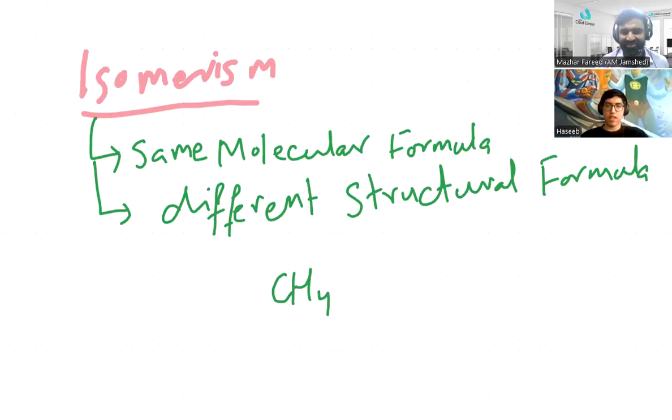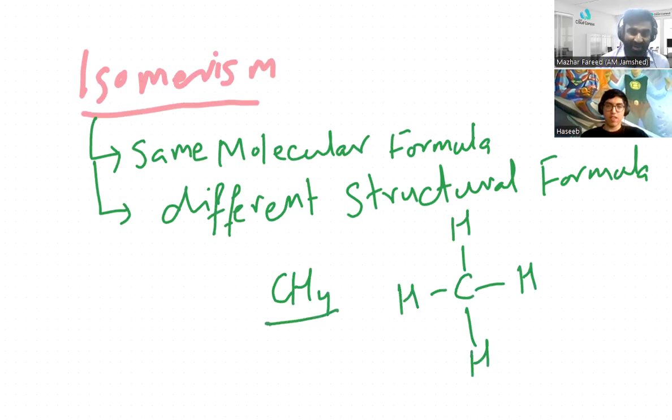Carbon can form 4 bonds, and there are 4 hydrogens that are single bonded attached with that carbon. So this is a structure formula, and this is a molecular formula. But isomerism is that property that has same molecular formula and different structure formula.